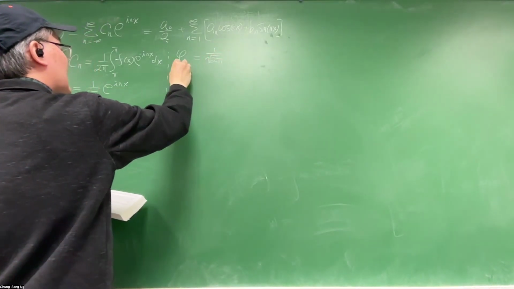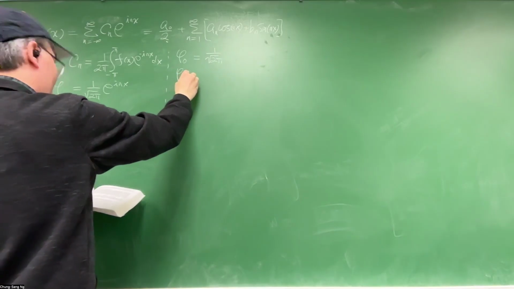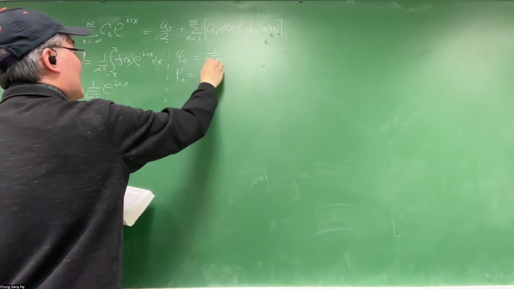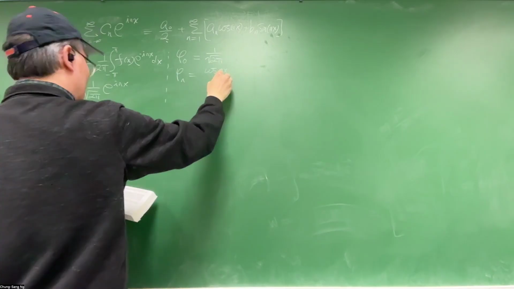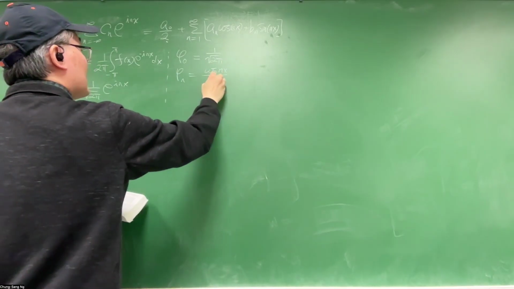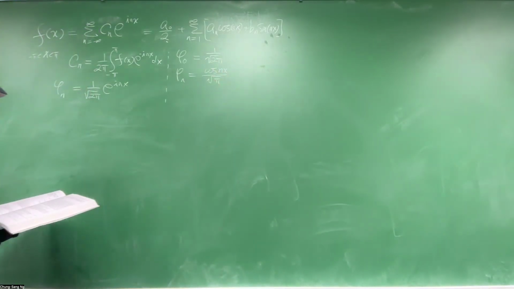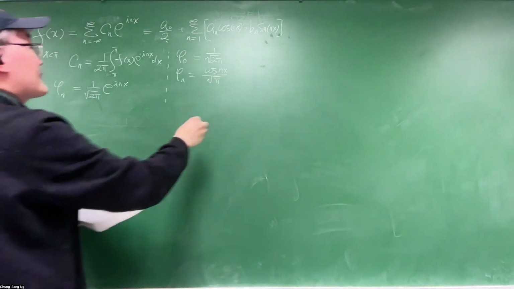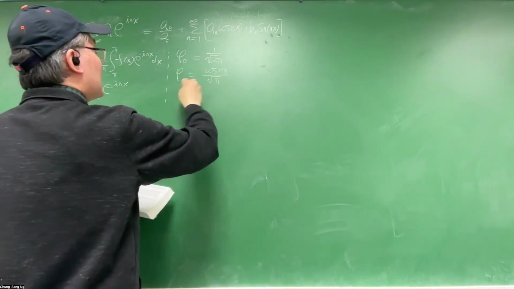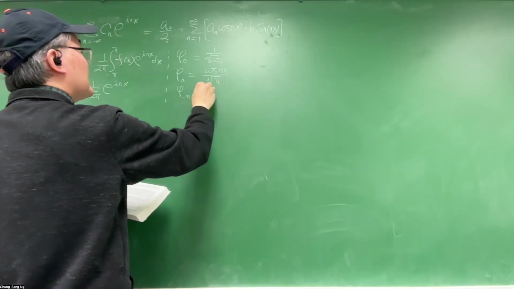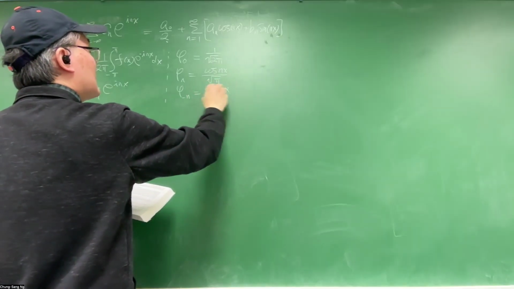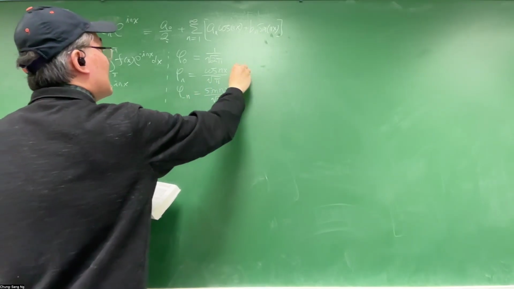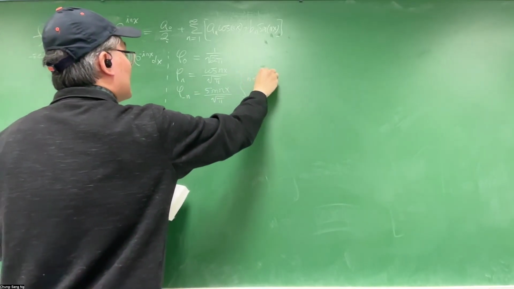And then phi n for positive n are the cosine. The normalization is also slightly different. And phi minus n are the sine.